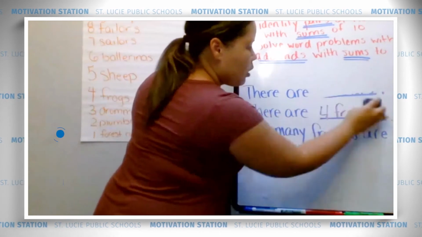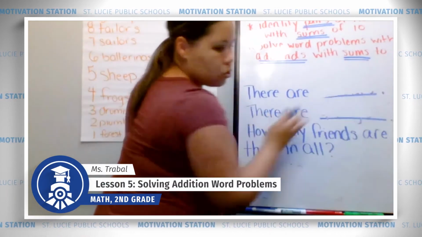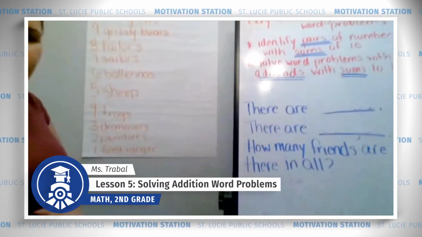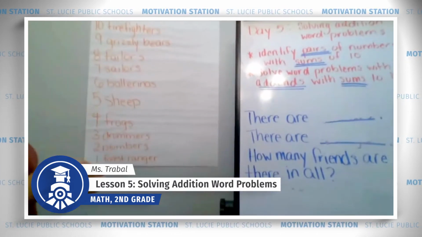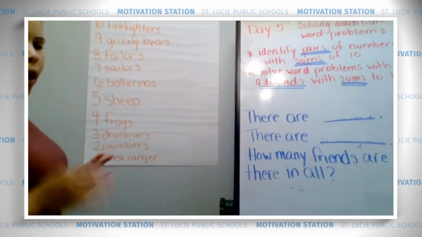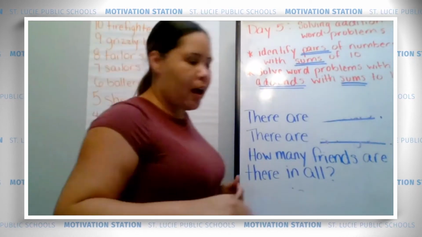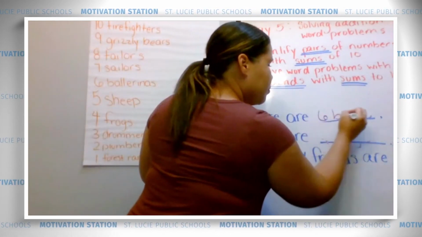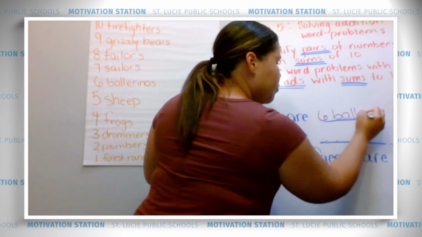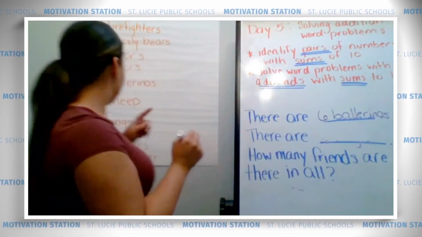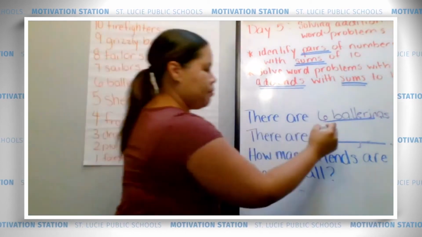Okay. Let's choose, what do you guys think? What set of characters should we choose? Bears again? Tailors? No, oh, I hear ballerinas. I like that. 6 ballerinas. And somebody say sheep. 5 sheep.